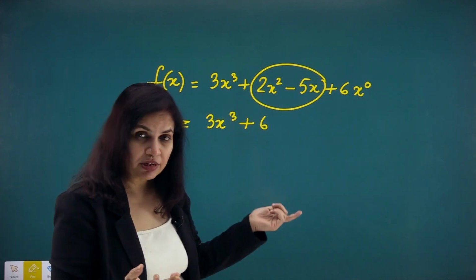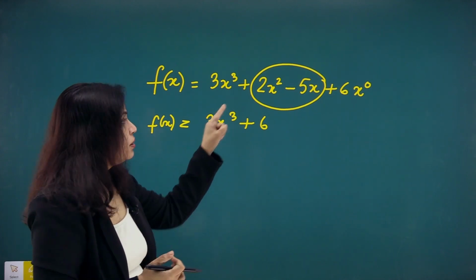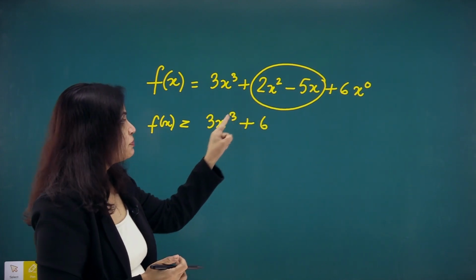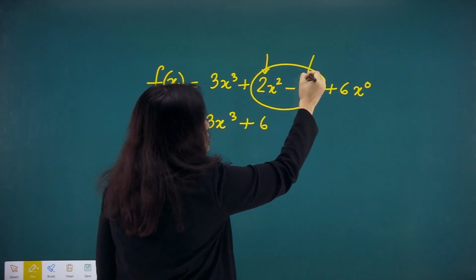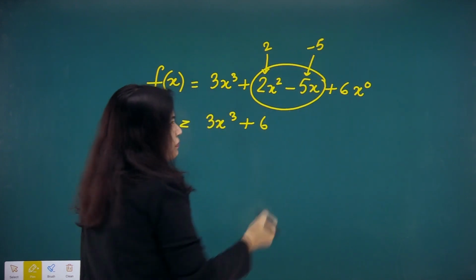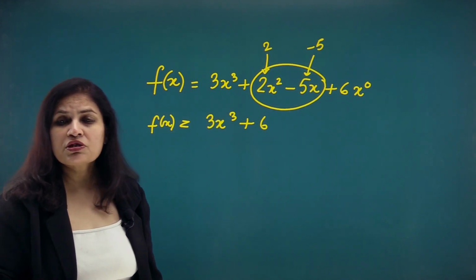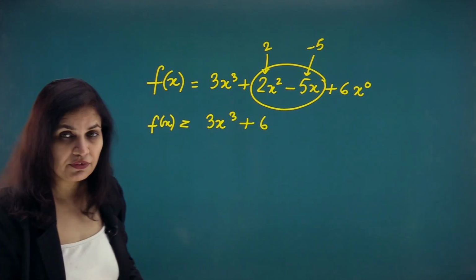If x would have been 0, then obviously the first term would also have been 0. These two terms vanished because in the first example, these two constants were 2 and minus 5. x square was multiplied with 2 and x was multiplied with minus 5.